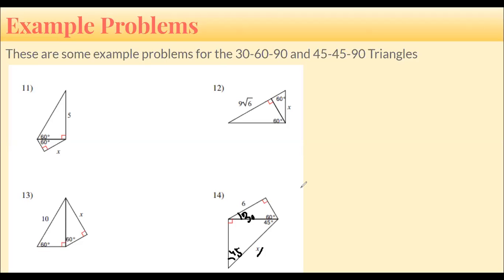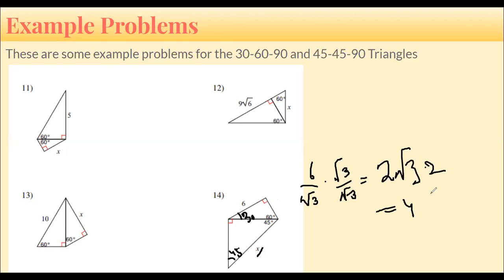So that would be 6 divided by square root of 3, times square root of 3 over square root of 3. That's just 2 square root of 3. The common side, the side opposite to this, is times 2. That's equal to 4 times square root of 3, right?